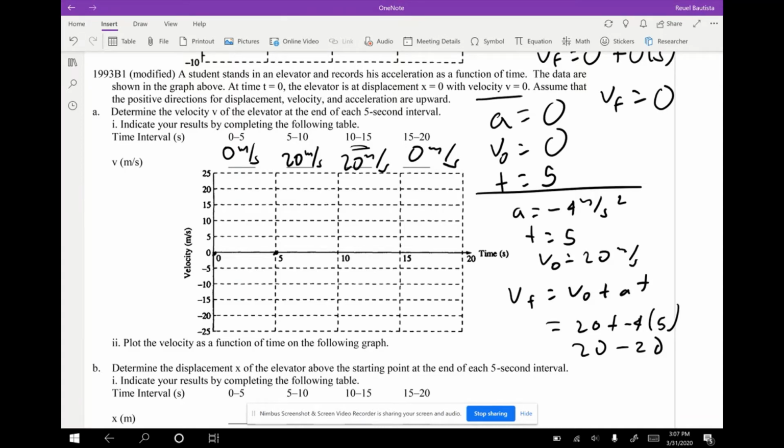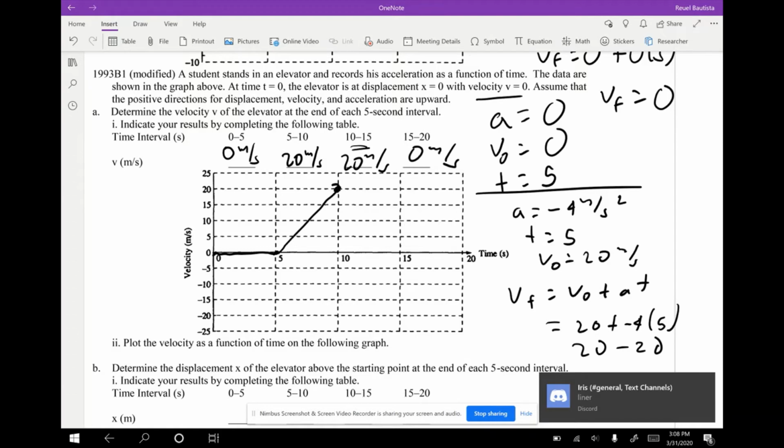So back to 10 to 15. There is no acceleration. So how will my graph look like? If there is no acceleration from 10 to 15, how will I draw my line, or where will my line be drawn? Kind of, right?